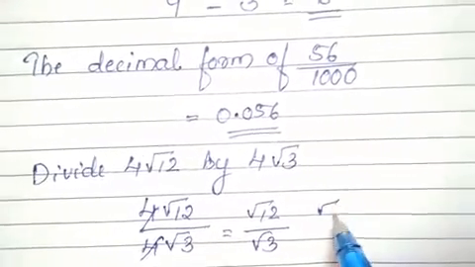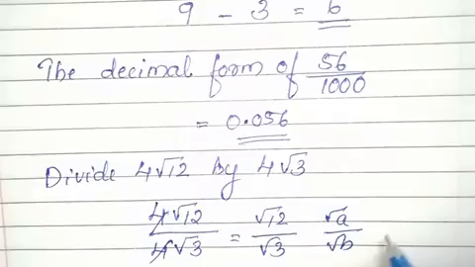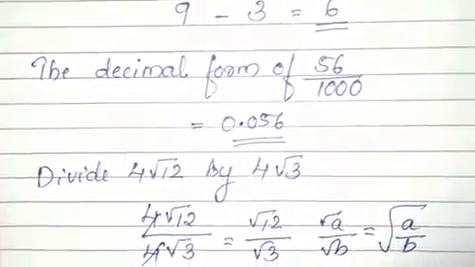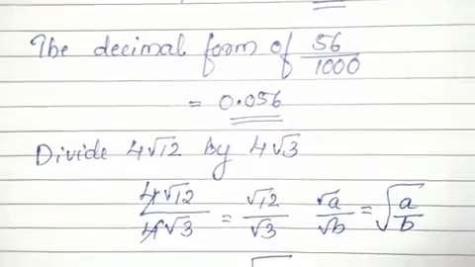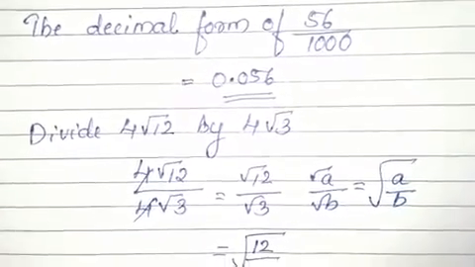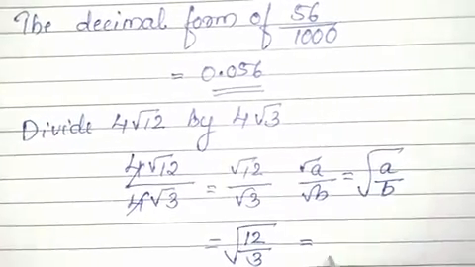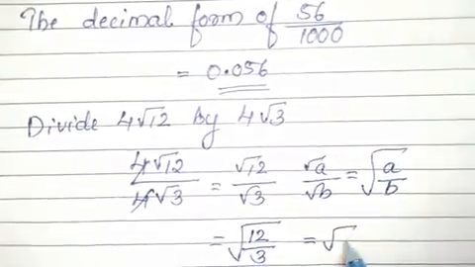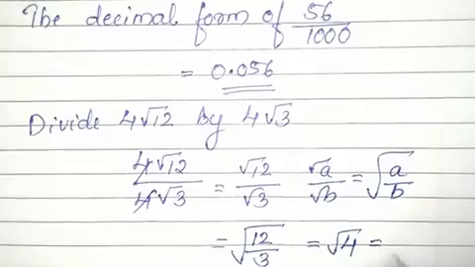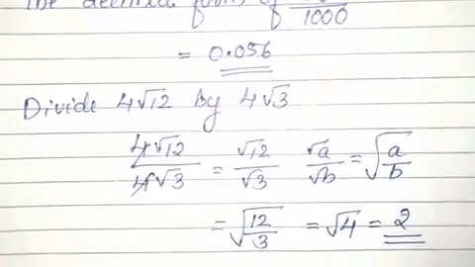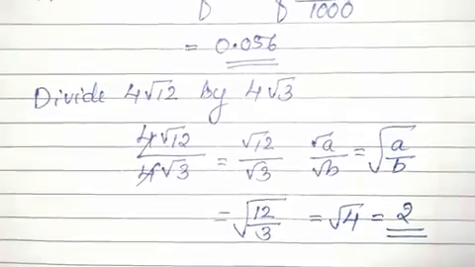So that means √a by √b equals square root of a by b. Understood? So it means root of 12 by 3. In 3 table, how many times for 12? 4 times. So it will come √4, which equals 2. Understood?